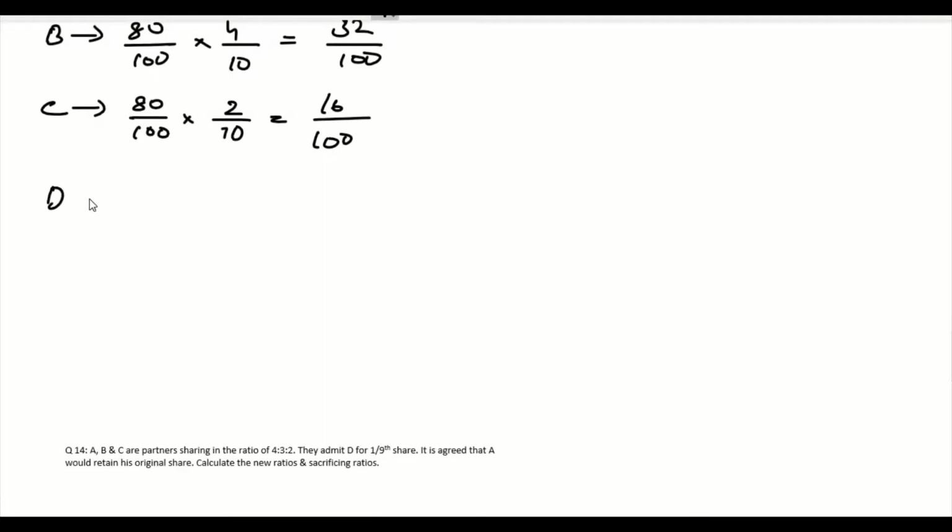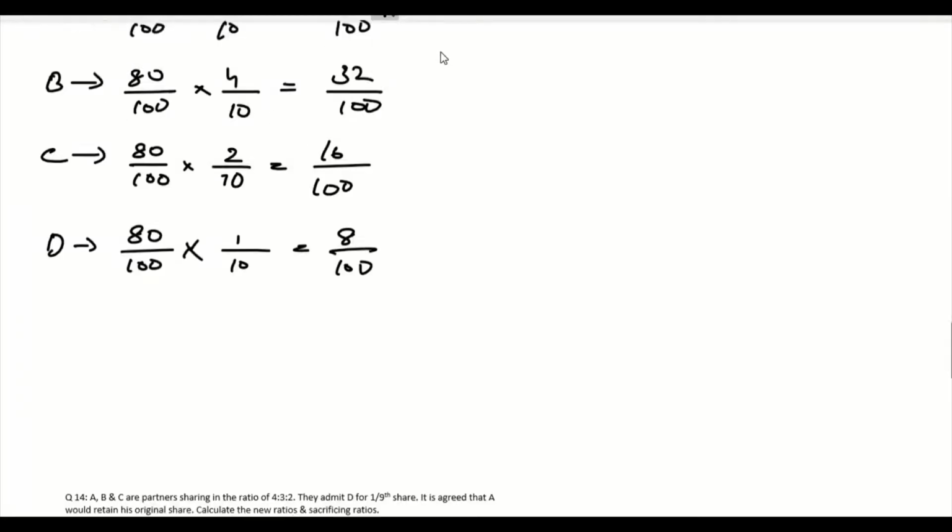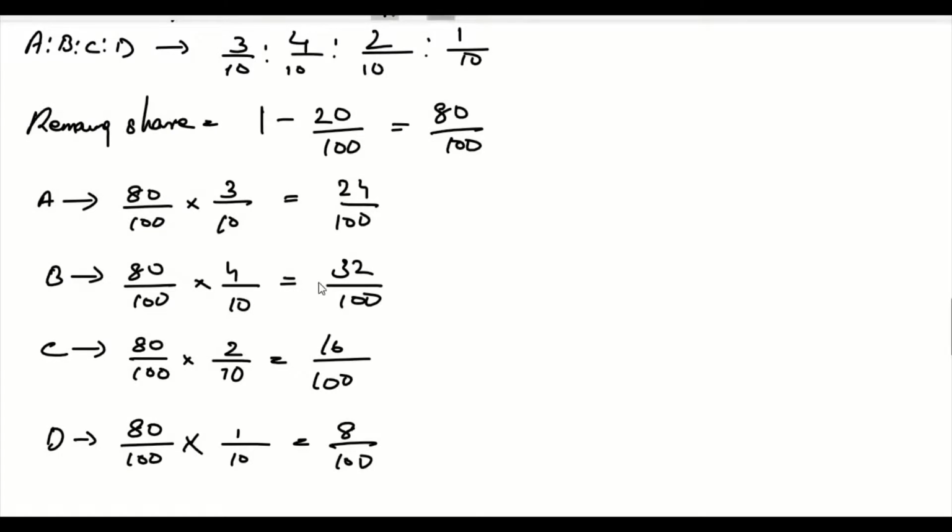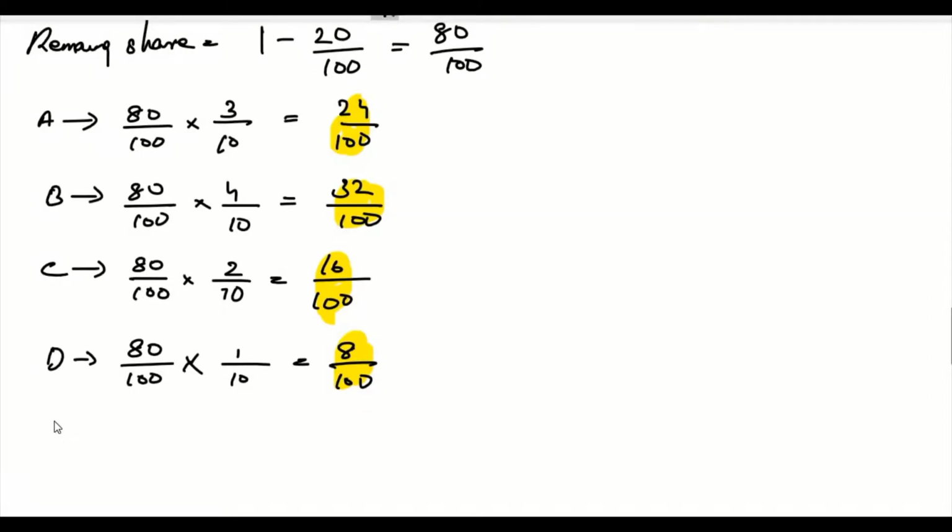Now for D, it is 80 by 100, the remaining profit, multiplied by his new share, which is 1 by 10, that is equal to 8 by 100. So we have the profit sharing ratio of all the partners now. And for E, it is 20%, it is given in the question. So E is going to be 20 by 100.